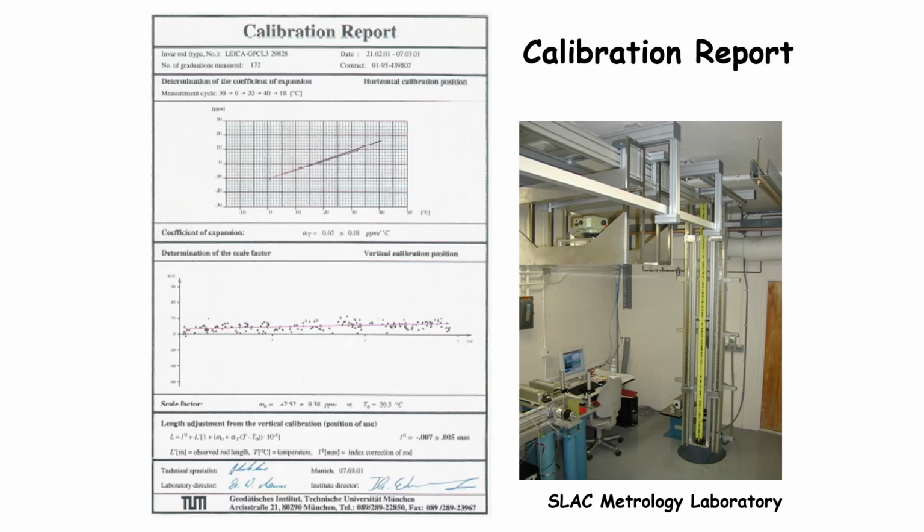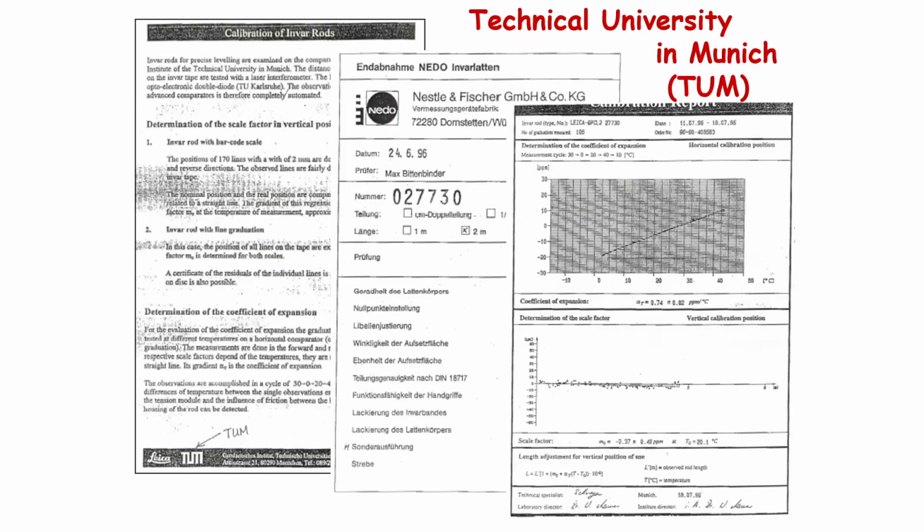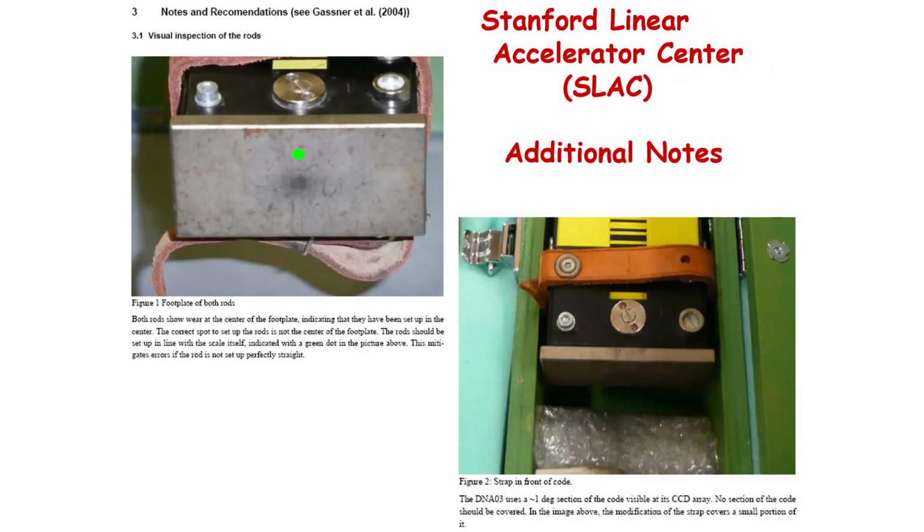Here you can see a calibration report of a rod in a metrology laboratory. Calibration temperature certificate, certificate of calibration, etc. Technical University in Munich, Stanford Linear Accelerator Center, and so on.